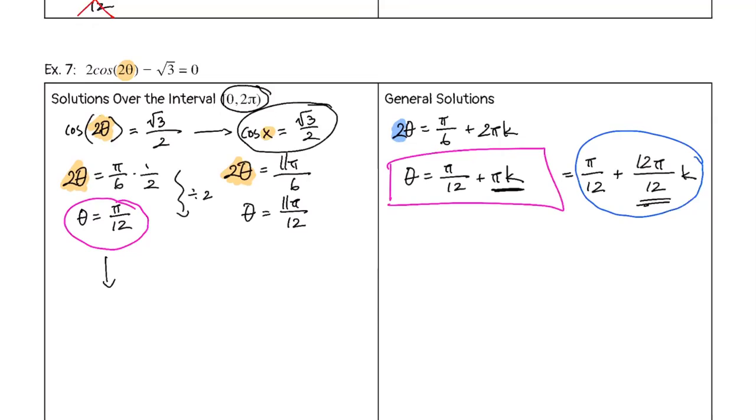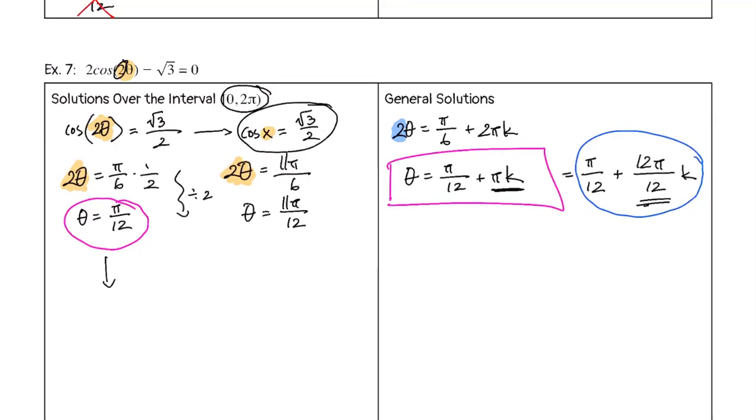I know that's kind of a lot, but the idea here is we need to think about that coefficient, because that coefficient will tell us what we need to add, okay? Exactly. So now we add 12 pi over 12 in order to find all the solutions.